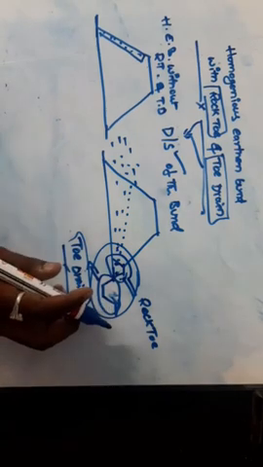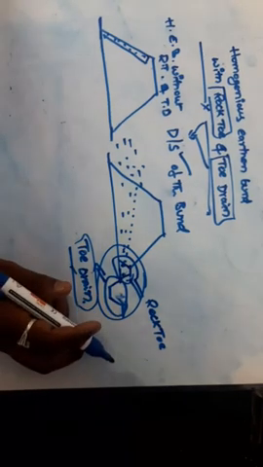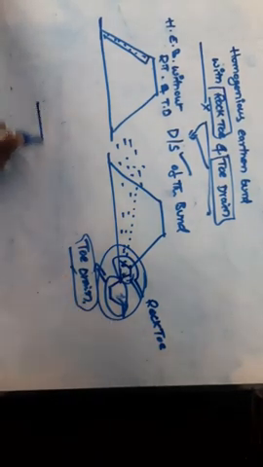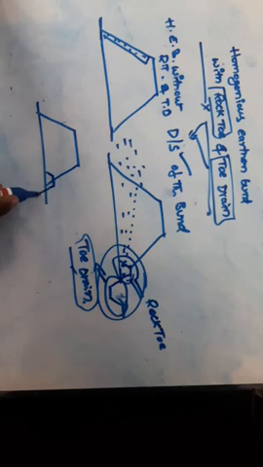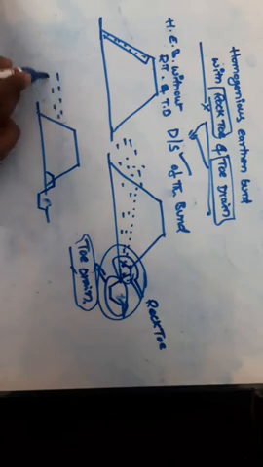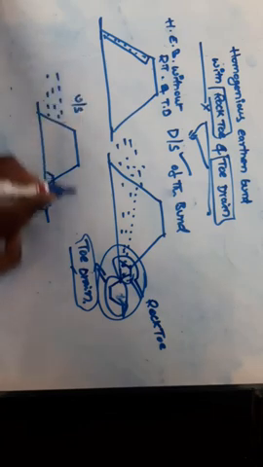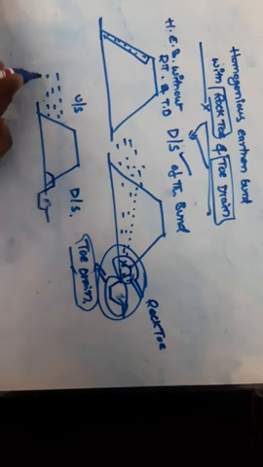Okay, see here, this is the earthen bund with rock toe. This is the upstream side and downstream side. This is the reservoir.